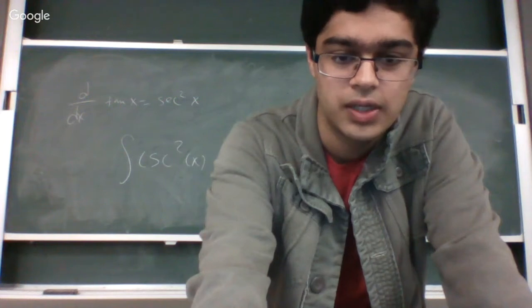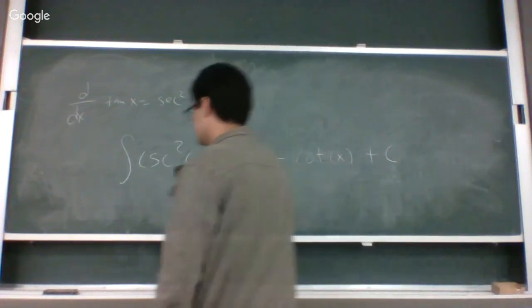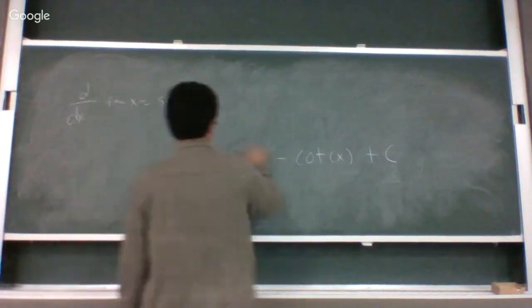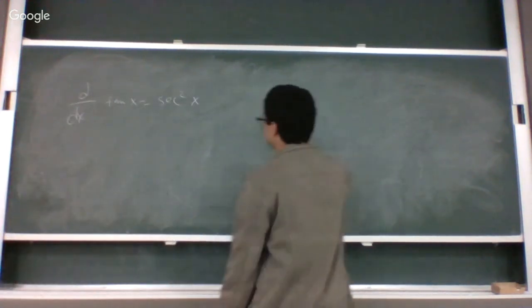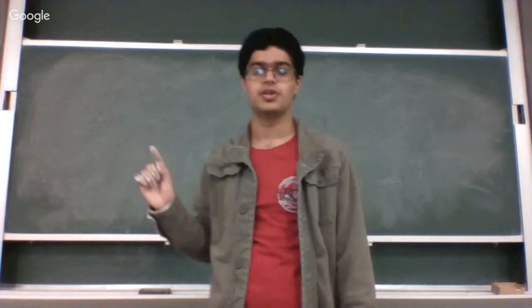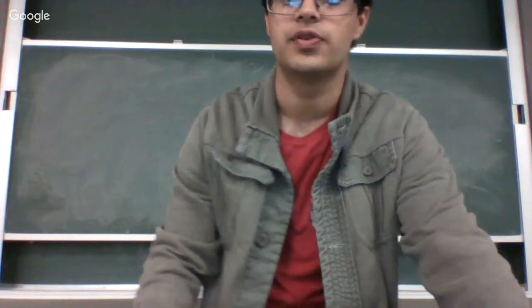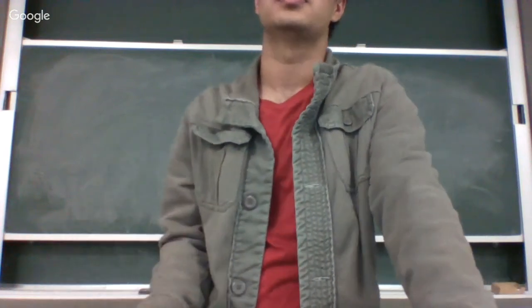And then let's do a problem with it. It might involve u substitution. So let me just go through with you. What's the integral of sine? Negative cosine. What's the integral of cosine?